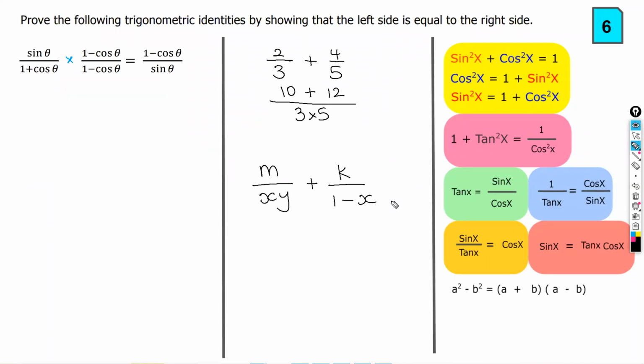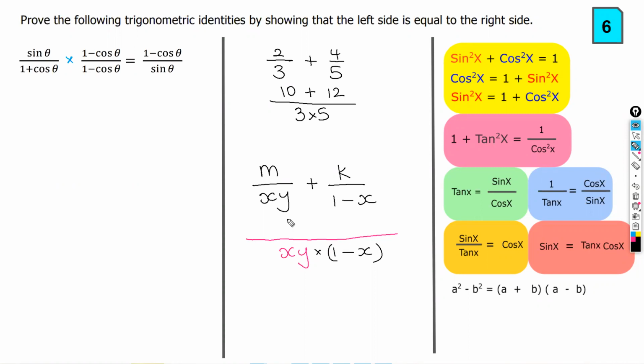Because you only know how to find the LCM of numbers. Nobody has ever shown you how to find the LCM of a complex scenario like that. But don't make it a problem. The two denominators are what? xy, and you put multiply by what? 1 minus x. You just have to put this in brackets so you know they're separated from this, right?